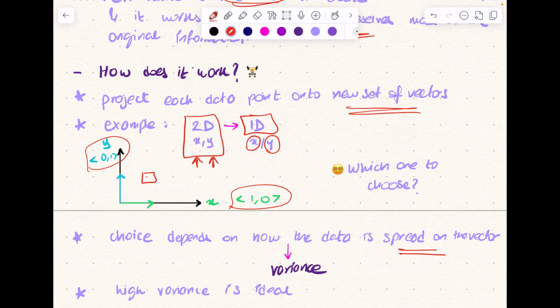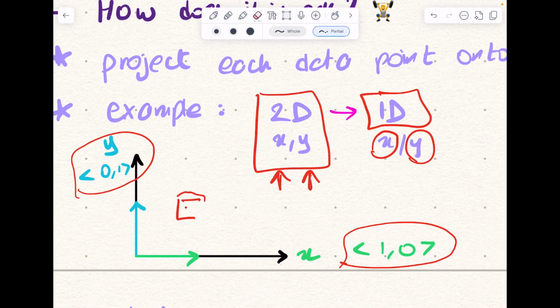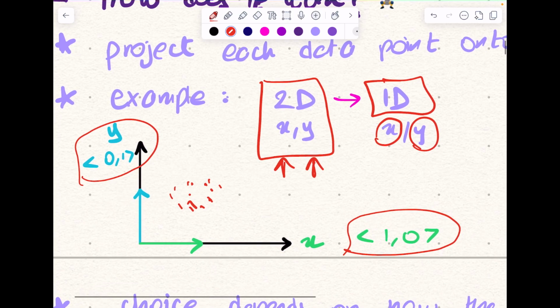This basically depends on how spread my data is. Why would we want to project our data onto a direction in which the data spreads the most? Because think about it, over here you only see 1 point, but imagine that you have many more points, a bunch of all these points. If you were to project them onto the x-axis, there's a chance all of these points lie very closely to each other.